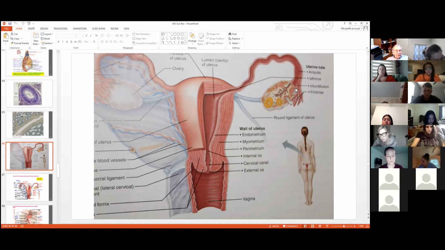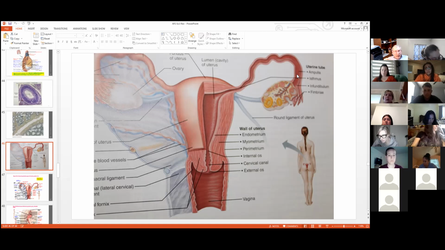Sometimes the eggs escape. If the eggs escape and begin to grow somewhere, it's called an ectopic pregnancy. Or if the egg even implants in the fallopian tube, it's called an ectopic pregnancy. Ectopic means out of place. We used the term ectopic when we were talking about PVCs in the heart.